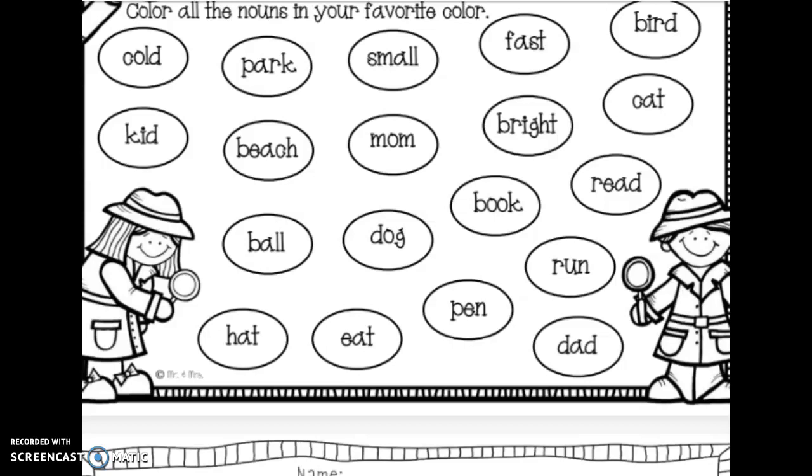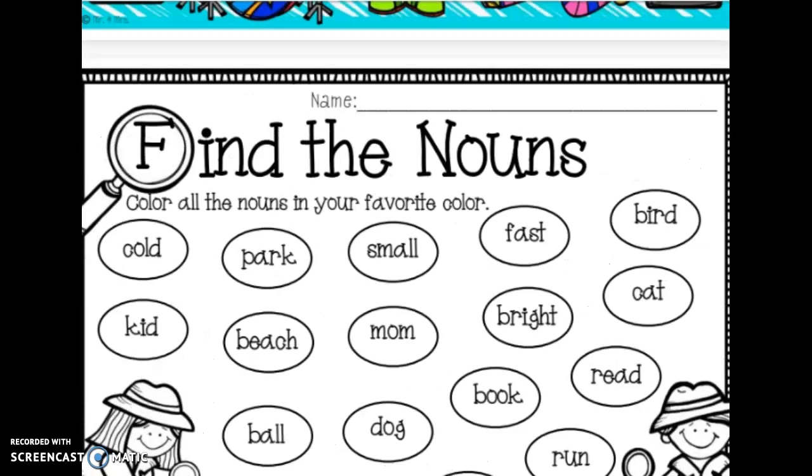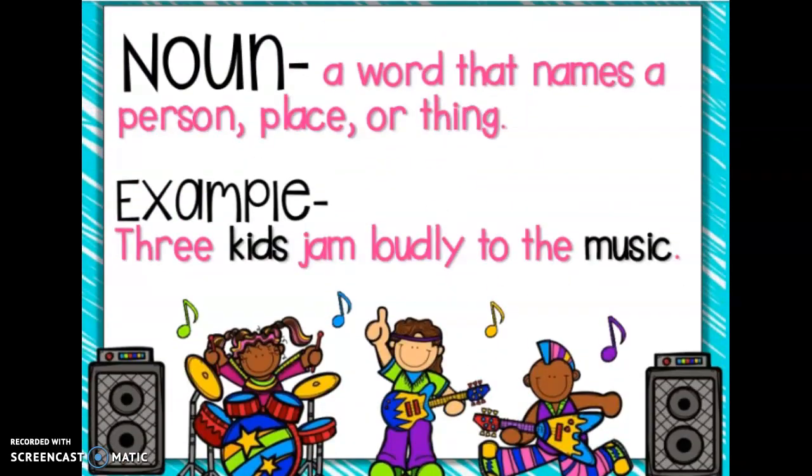So now let's talk about what we know when we classify sentences using Shirley Grammar, that when we classify our noun, we use SN for subject noun. So if we're looking at our example sentence here, kids would be our subject noun, and music would be our object of the preposition.